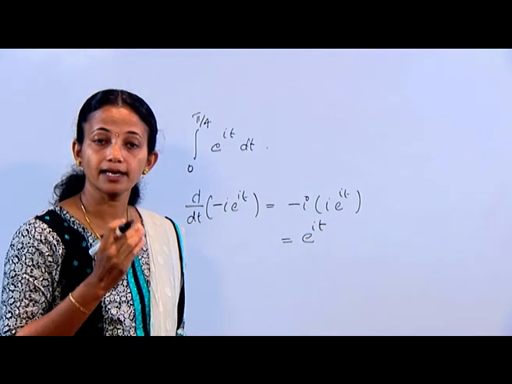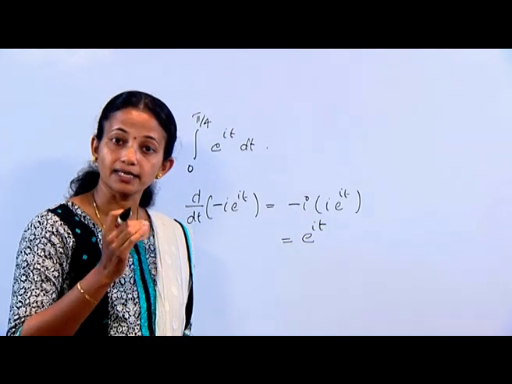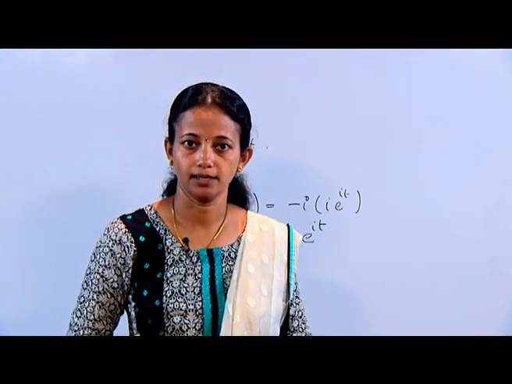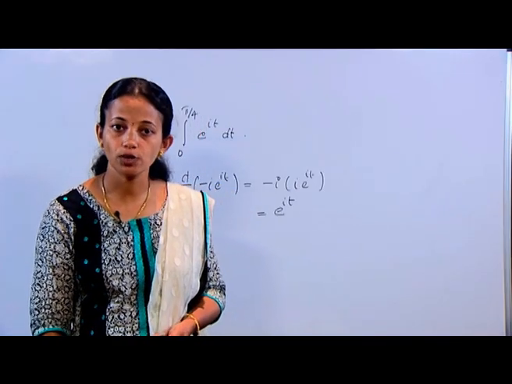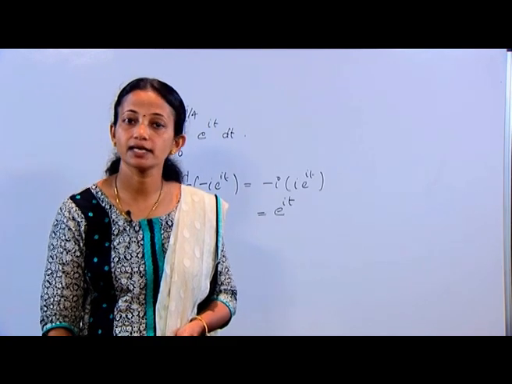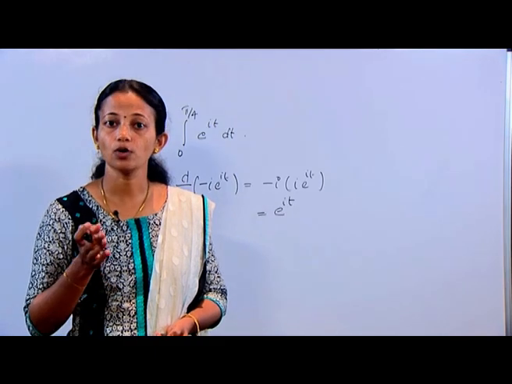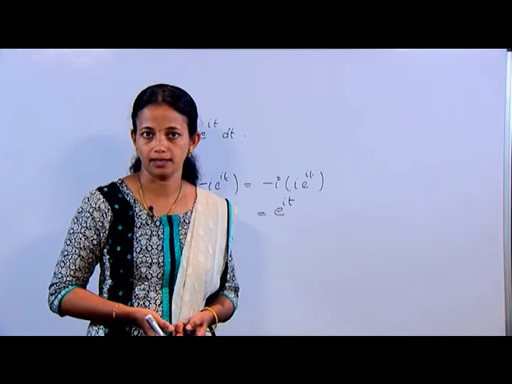So taking w of t is equal to e raised to i t, I get capital W of t is equal to minus i e raised to i t. Using the above result, we have integral 0 to pi by 4 e raised to i t dt is equal to minus i e raised to i t over the limits 0 to pi by 4, which is equal to minus i e raised to i pi by 4 plus i.